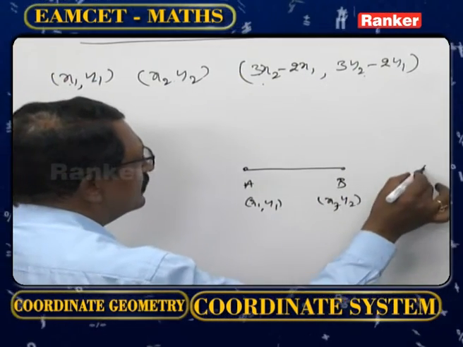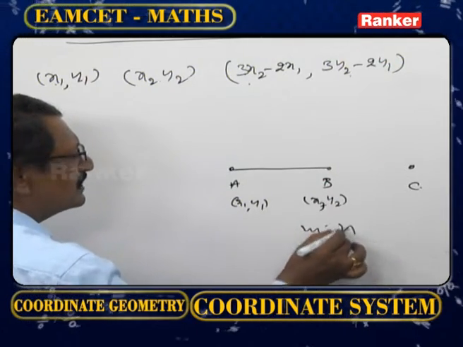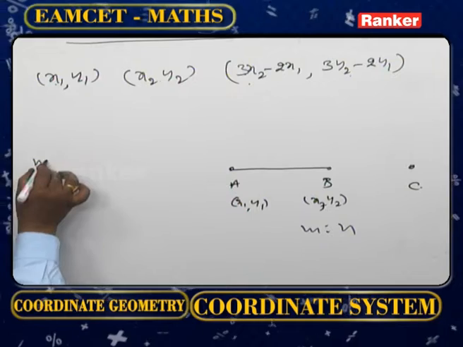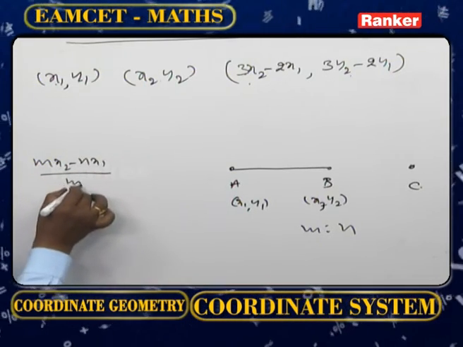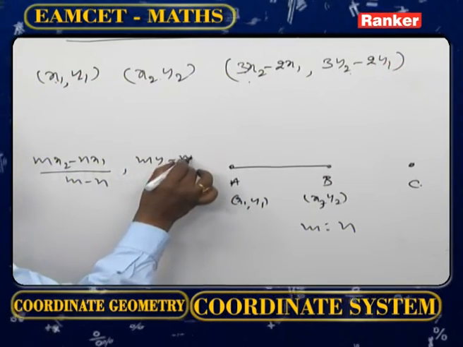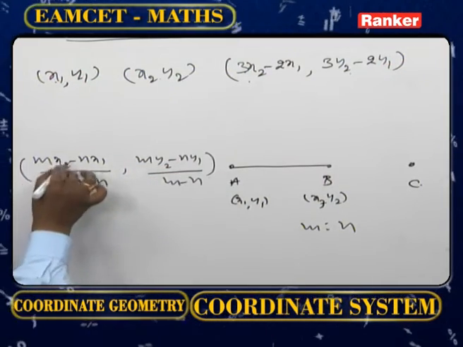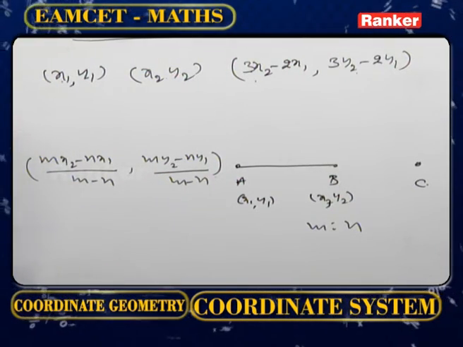A point C divides AB in the ratio m:n externally. Then the coordinates of the point C are (mx2 minus nx1) by (m minus n), (my2 minus ny1) by (m minus n).